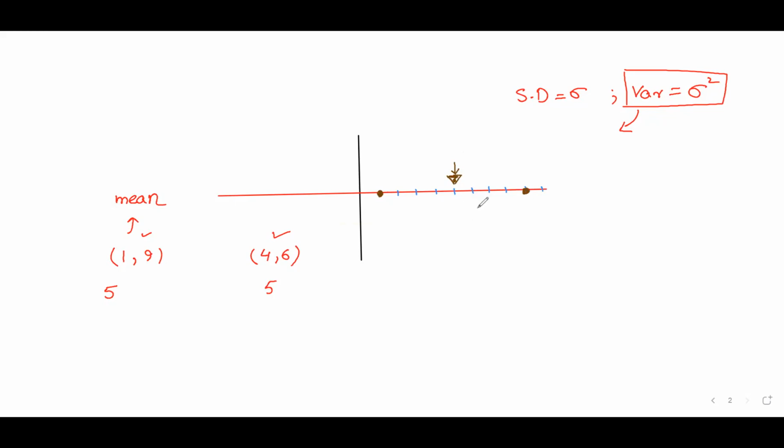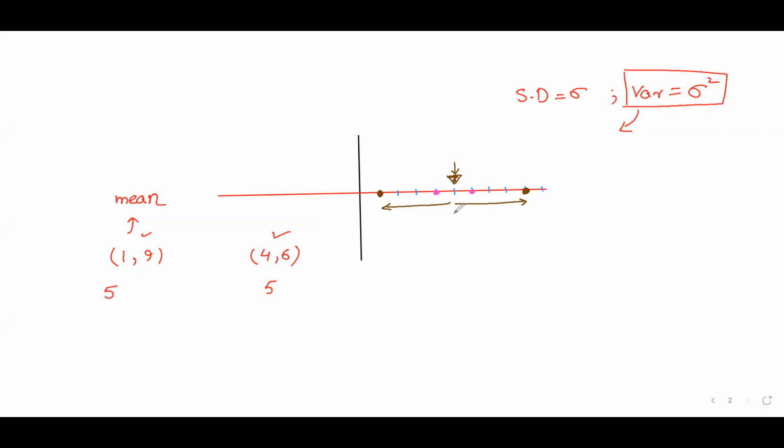Now, from here, you can see that from the mean, my points are at a long distance. But in the other case, the points were 4 and 6, and again the mean was this one.